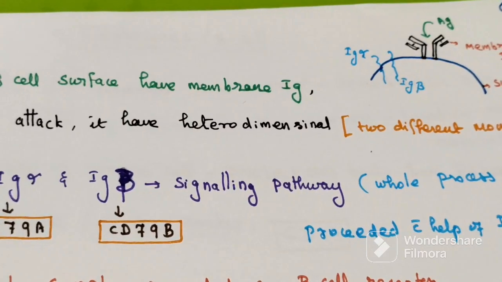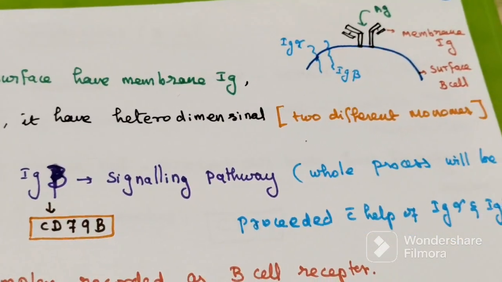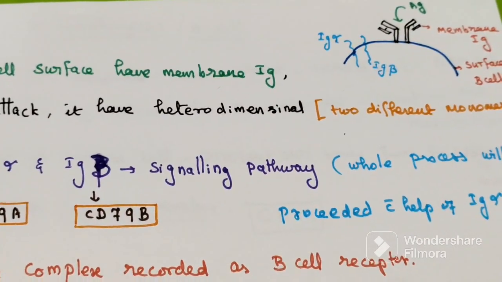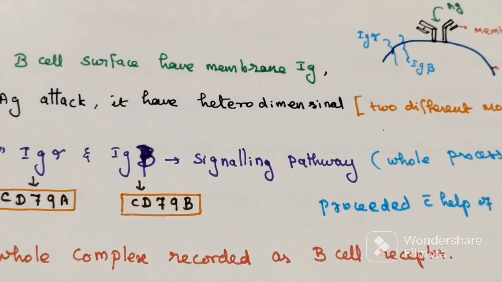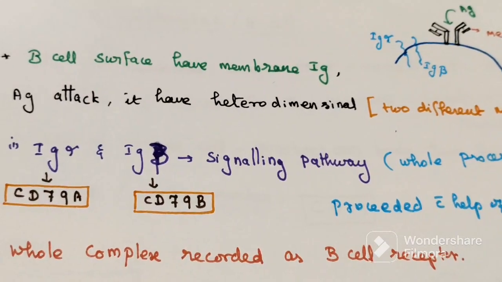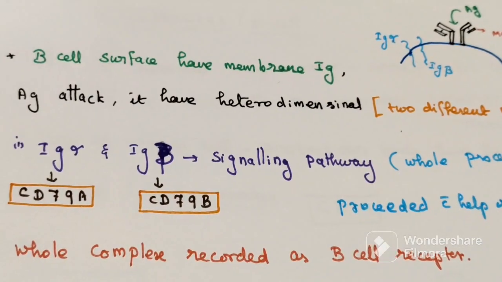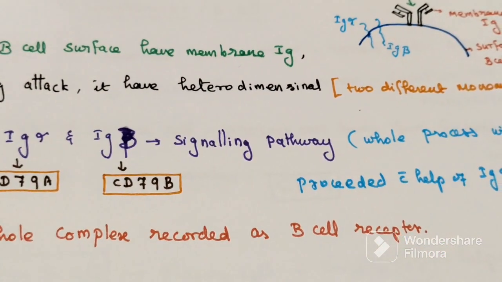Whenever there is an attack of antigen, it is encountered by membrane immunoglobulin. For signal transduction, the antigen is attacked only by the membrane immunoglobulin, but immunoglobulin alpha and immunoglobulin beta have the role of the signaling pathway.